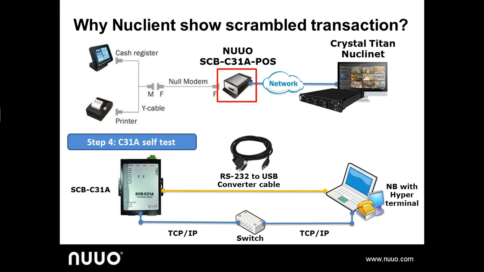The concept of this diagram is that we simulate the POS terminal to transmit the transaction data through RS-232 via the C31A, then receive the transaction data through Ethernet. If it works, it means the C31A should work fine.